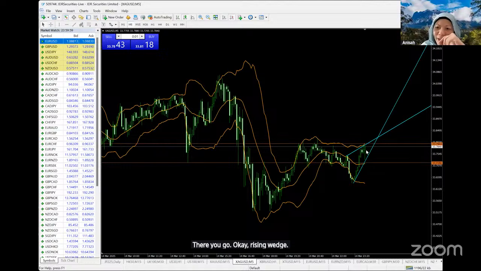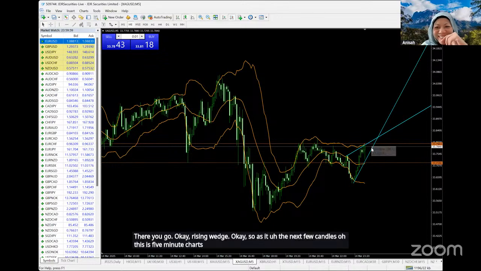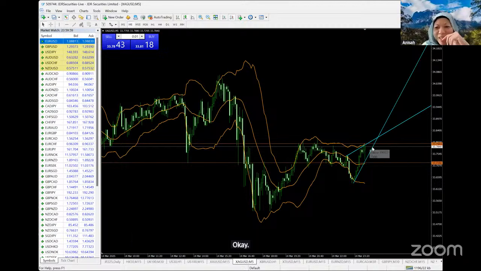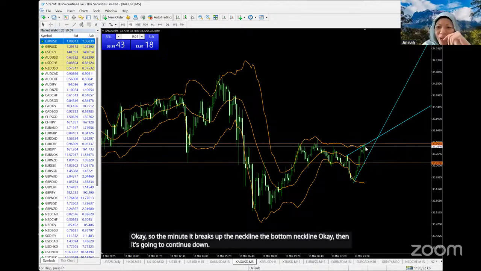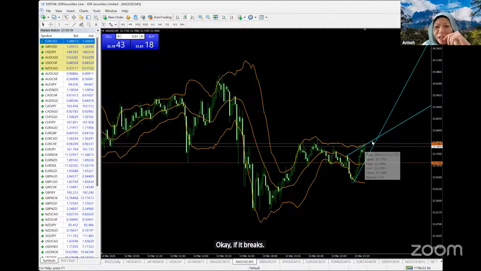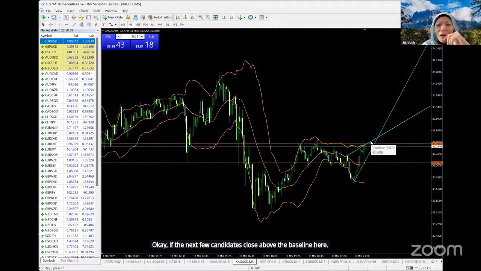This is a 5 minute chart, keep in mind. The minute it breaks the neckline, the bottom neckline, then it's going to continue down. If the next few candles close above the baseline here, then the probability is the price is going to move up.